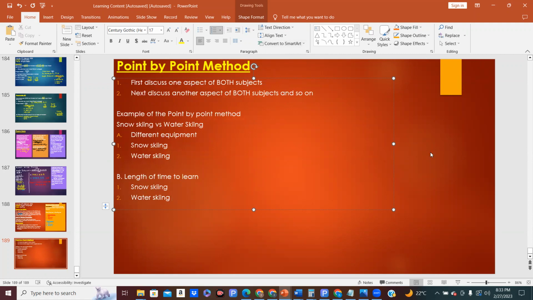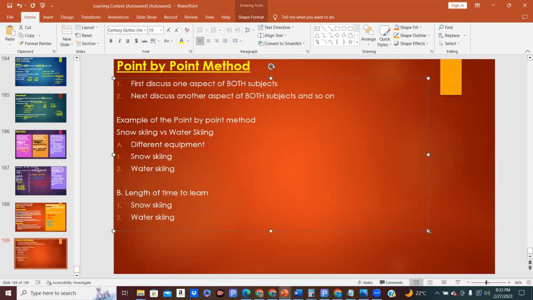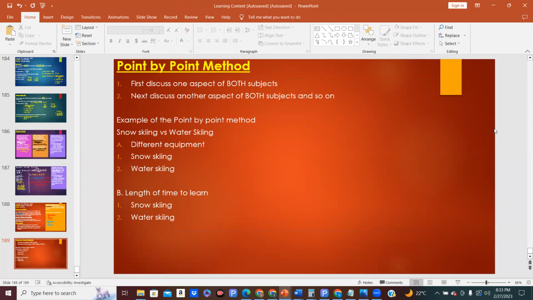So you decide which method you can use, either the point by point method or the block method. Based on this, would you rather use point by point or the block method? Which one is your preferred way? I use the block method, to be honest, because using the point by point method, I know I can mess up. When I talk about two subjects at the same time, I get confused.